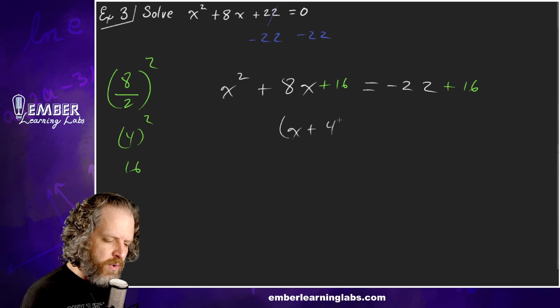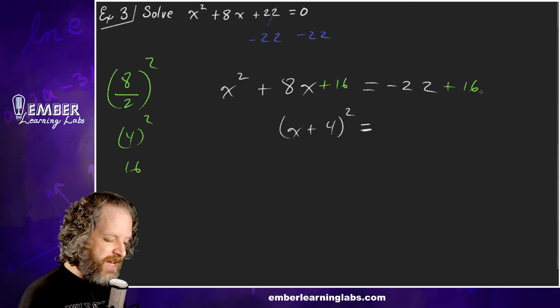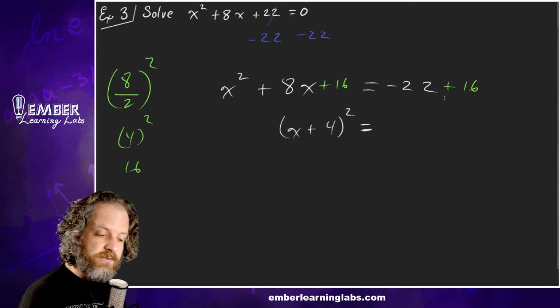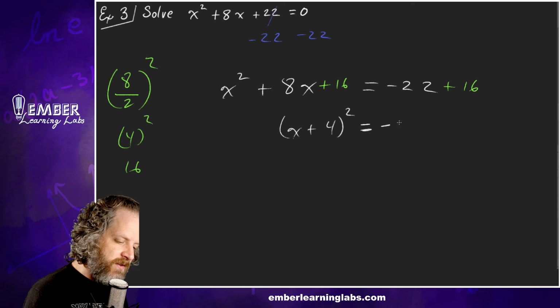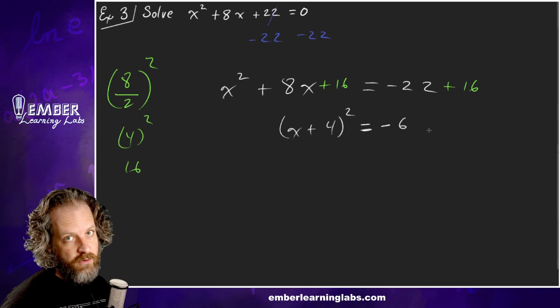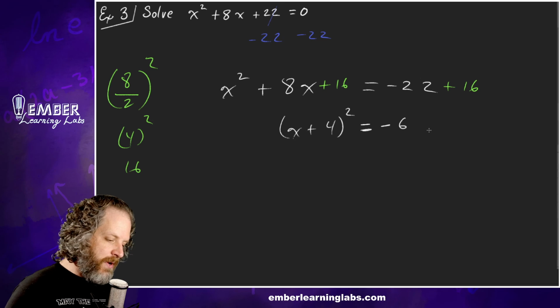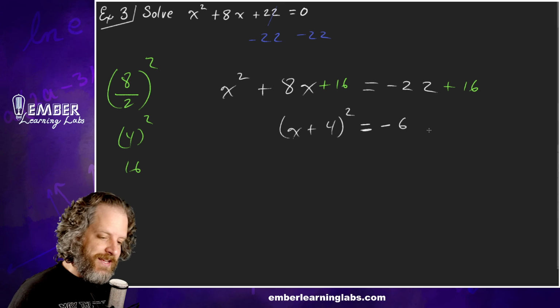So that's 4 squared. Negative 22 plus 16 would be negative 6. You might see where we're going with this. You might see what's going to happen. You might not. So let's keep going.